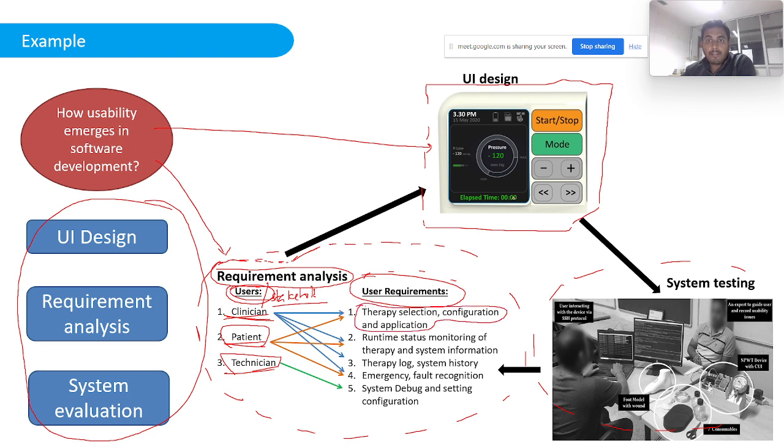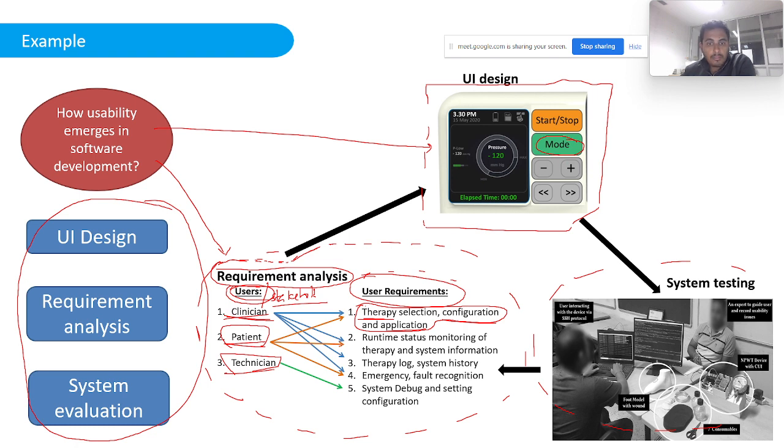So if this is a particular device which can provide a particular clinical therapy, the clinician has to be able to select a particular therapy, configure and apply. Okay, so the design should incorporate that. So you can see here is a mode button which the clinician can use to select various therapies.